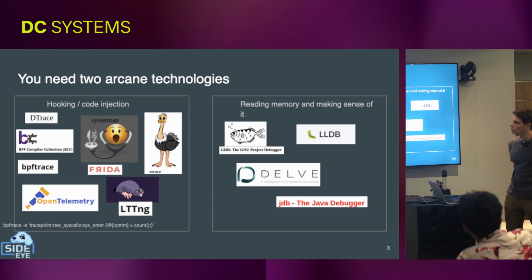Maybe the original one was dtrace for Solaris at Sun. And then in the Linux world, there have been tools like SystemTap or LTTng that let you hook all sorts of points in the kernel mostly, but also in user space, and react to events that happen and consume these events.